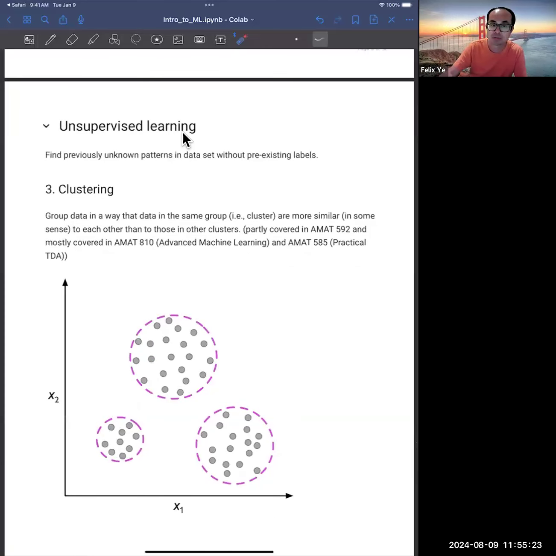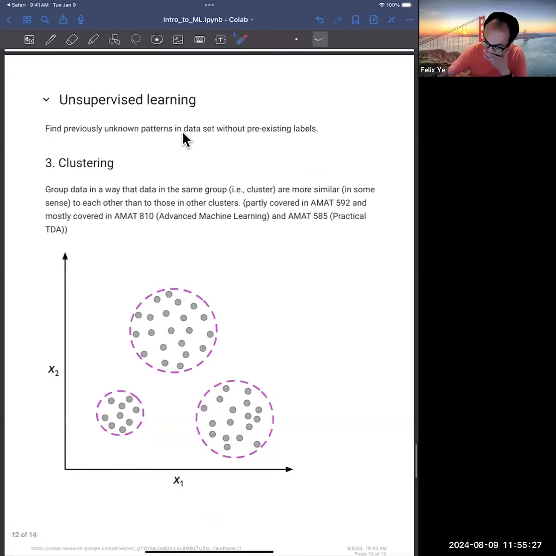All right, so unsupervised learning. This is obviously also a very important part. It is basically covered in 592, but it's also covered in my topic courses and also 585 Practical TDA.